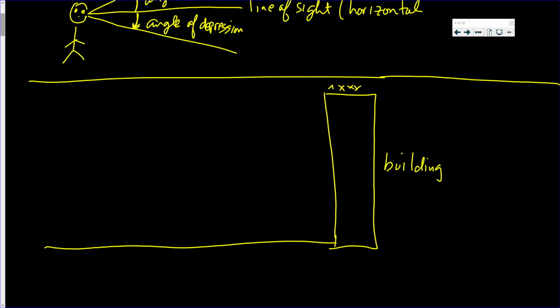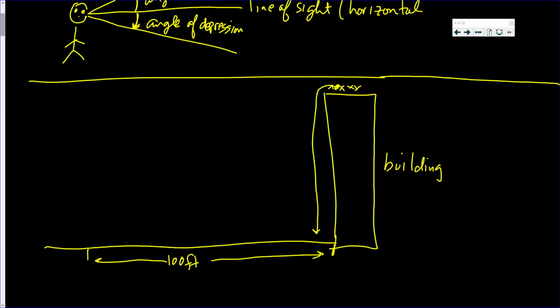Or you can do the following. Oh yeah, the other option is you can go on the roof and drop a rope to the ground and measure the length of that rope.